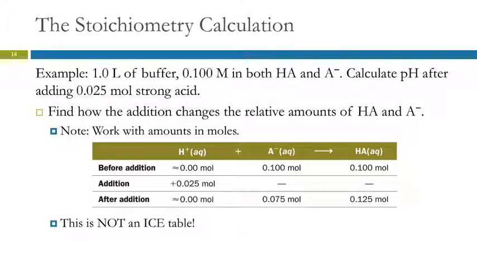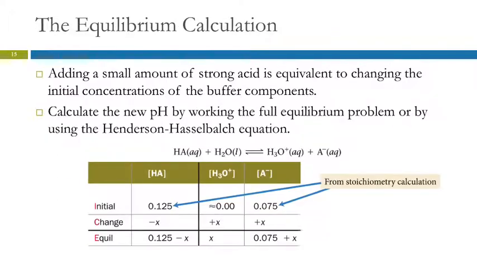This is a lot like the last problem on the worksheet, the roots of equation worksheet, where they said, well, here's your equilibrium, and now what if you add this many moles of this and this? Students freak out. That's what happens. So now we've got our new starting amounts for our equilibrium calculation.